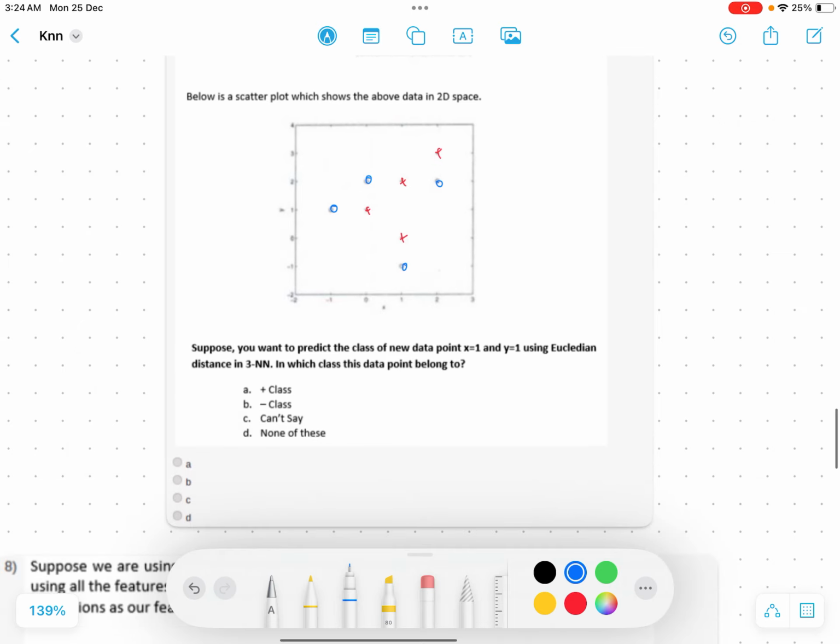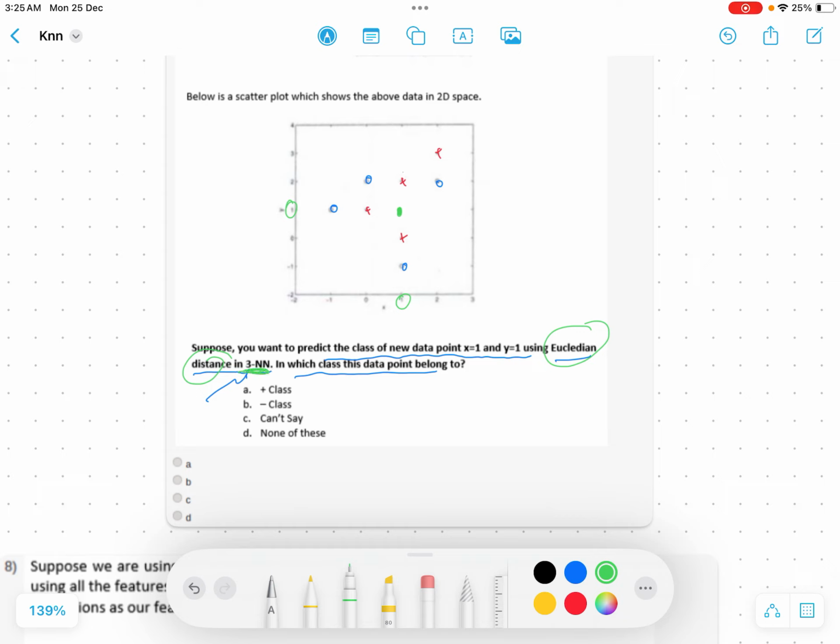Suppose you want to predict the class of a new data point at x equals 1 and y equals 1 using Euclidean distance with k value 3. First of all, let's mark this 1, 1. Here x is 1 and y is 1, so your test data point is going to fall here. Now you will have to use the Euclidean distance and the nearest neighborhood.